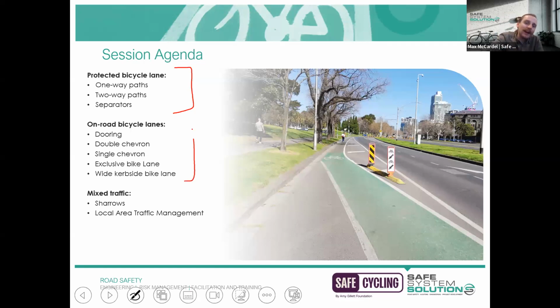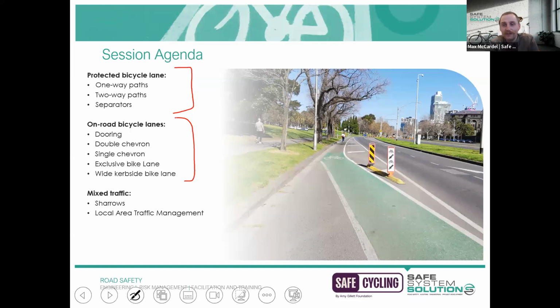We'll also talk about how traditional on-road bicycle lanes leave cyclists in quite a precarious position and the risks associated with that, and discuss, if you were unable to install protected bicycle lanes, what other types of treatments can be implemented to help mitigate the risk.